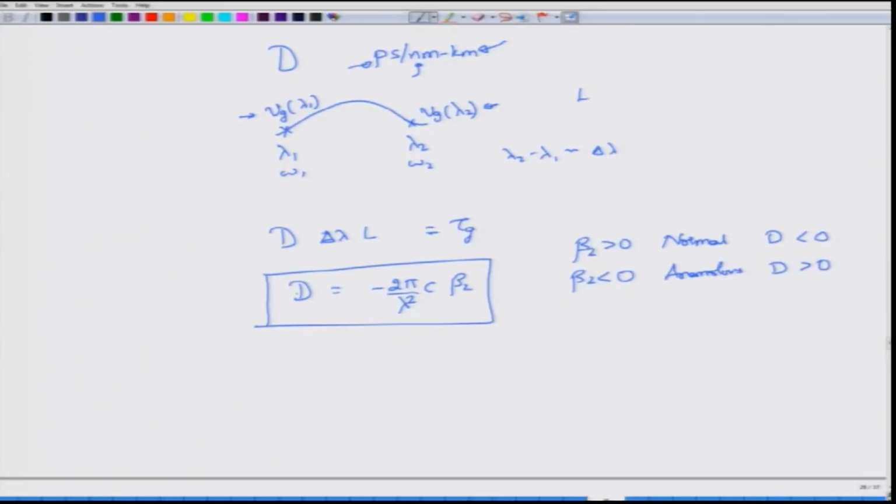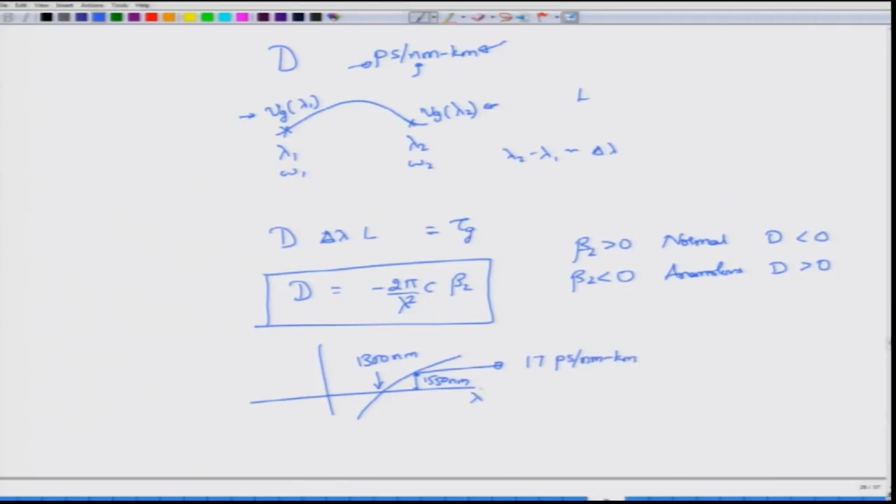And if you look at this D, you will see that the overall D goes something like this. It will go through 0 in the fiber at around 1300 nanometer, and at 1550 nanometer the value of this dispersion D is roughly 17 picosecond per nanometer kilometer.